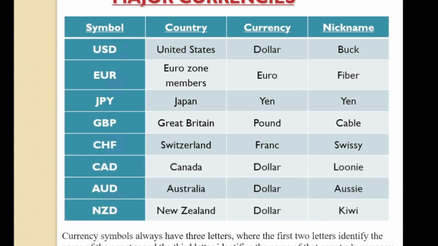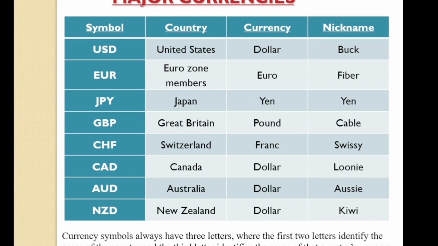In Forex, currencies are grouped into two major groups: we have the major currencies and the exotic currencies. There are 8 major currencies: USD, EUR, JPY, GBP, CHF, CAD, AUD, and NZD. The country name or initials denote the first 2 characters of the symbol of the currency, and the third character is the currency.